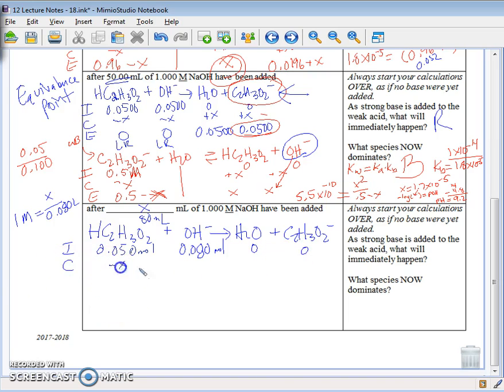The C row, again, minus x, products plus x, plus x. Is this equilibrium or stoic? Is the n the real n or no? This is stoic. How do I know? Am I adding something strong, or am I only dealing with weak? Because we're adding something strong, we're going to do stoic.